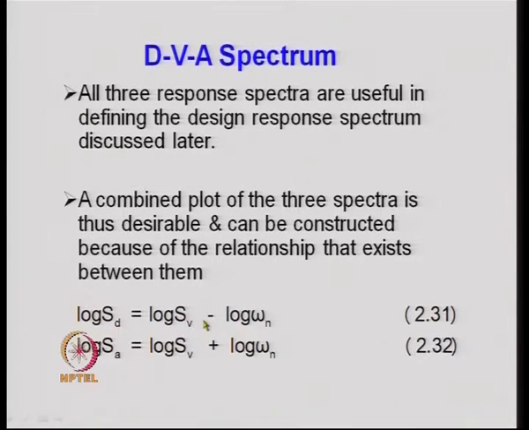Now, these two equations are shown over here, and by looking at these two equations, one can see that they represent two straight lines on a log paper, and these two straight lines will be orthogonal to each other, because one is minus, other is plus, and these two lines will be inclined lines in a plot where log SV is the vertical axis and log of omega n will be the horizontal axis.